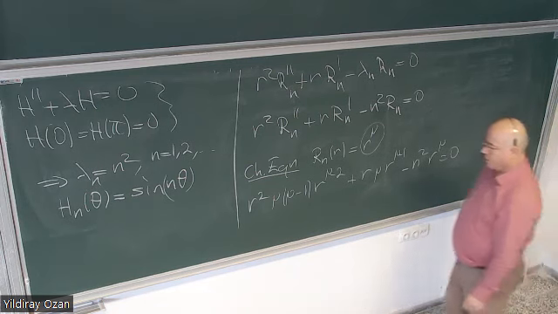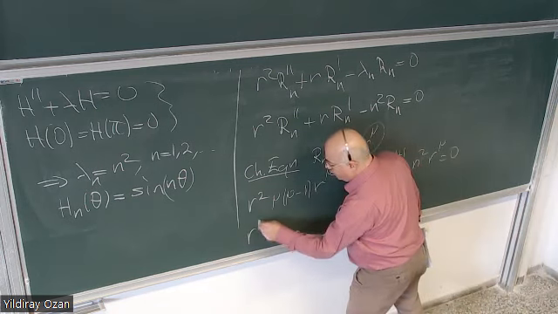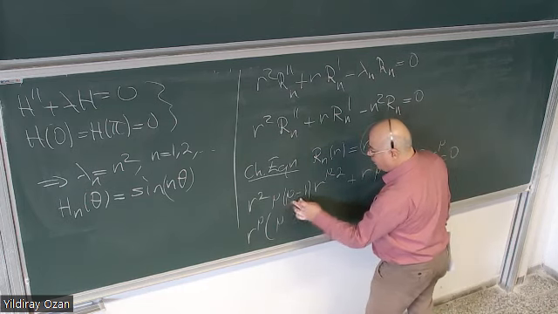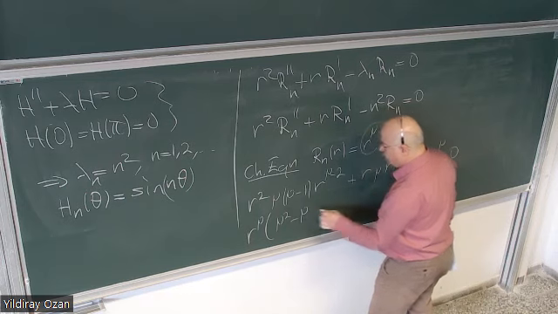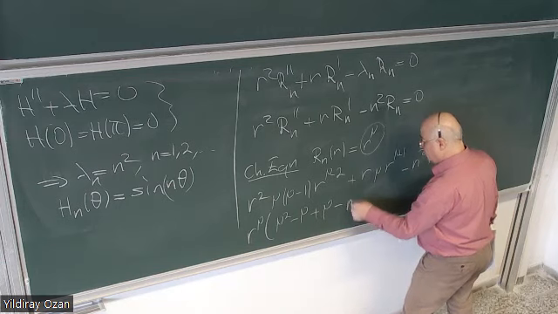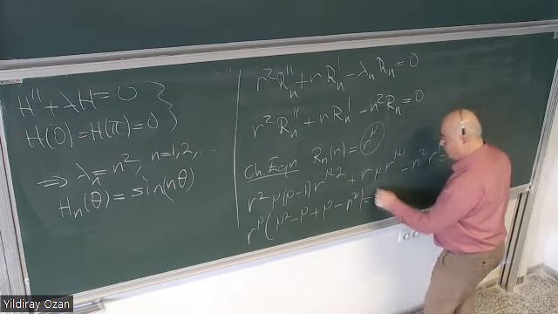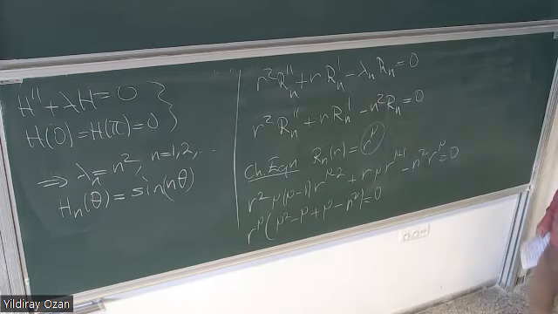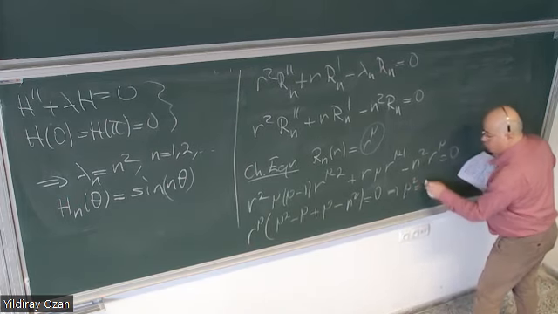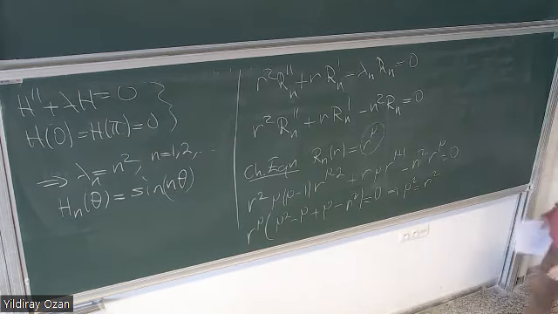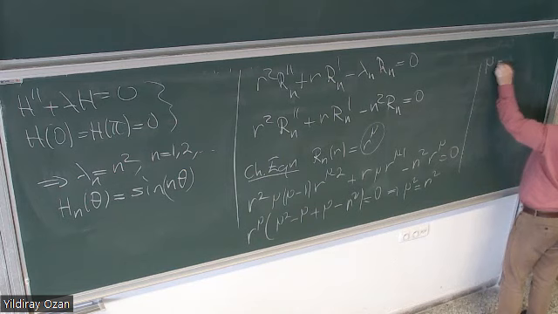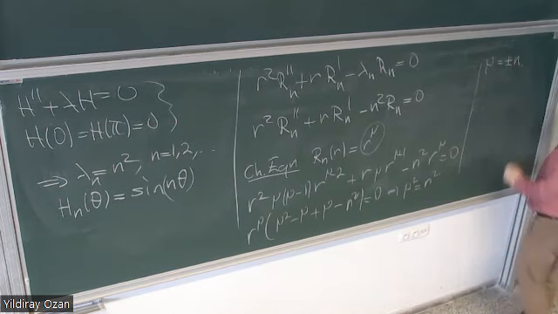Well, I have r to the power mu in parentheses. We have mu squared minus mu plus mu minus n squared equals 0. So we get mu squared equals n squared, right? So what is mu then? So mu is just plus minus n.